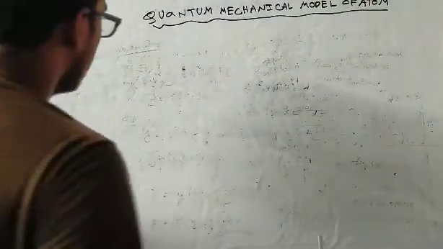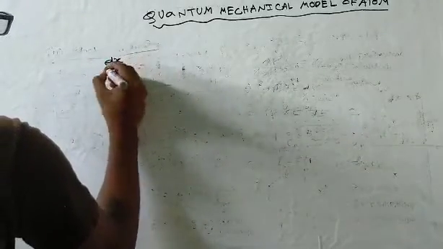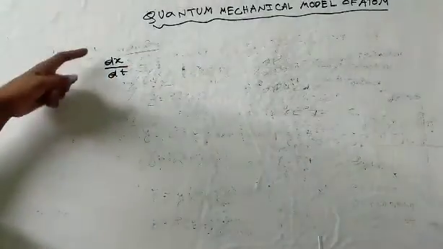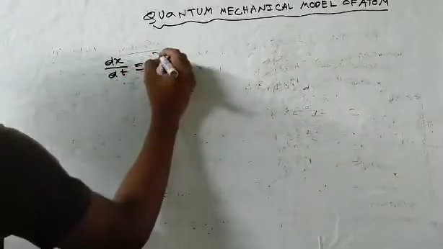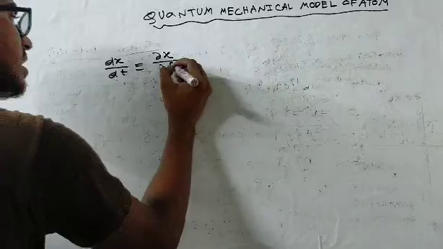Sometimes dx by dt may be written in another fashion, like del x by del t, but there is a difference.